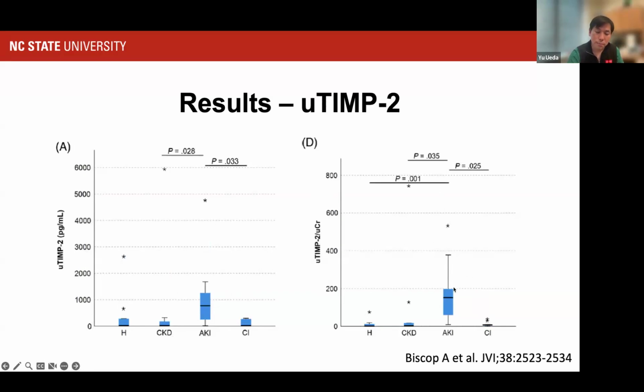But the urinary TIMP2 to urinary creatinine ratio gave better results, with more distinction between the AKI and other groups. With this ratio, the AKI group had a significantly higher concentration of TIMP2 compared to the healthy control group, the CKD group, and the critically ill group.